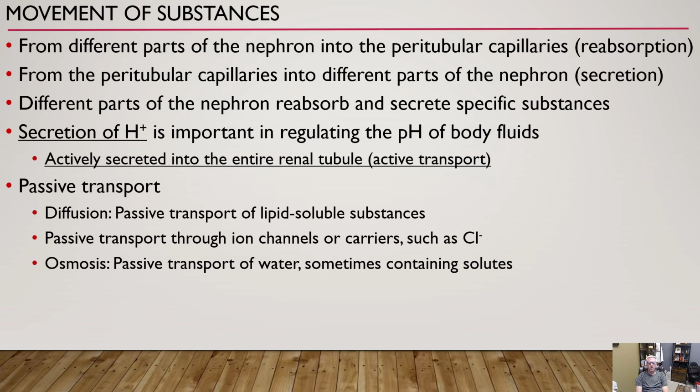So in all parts of the nephron, you're going to see active secretion of hydrogen ion. And then we've already talked about passive transport, the diffusion, passive transport of ion channels and of electrolytes through the ion channels and osmosis.